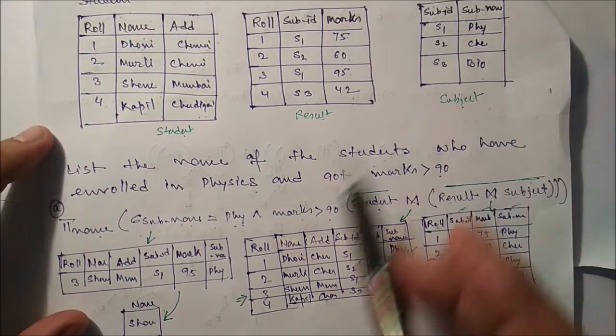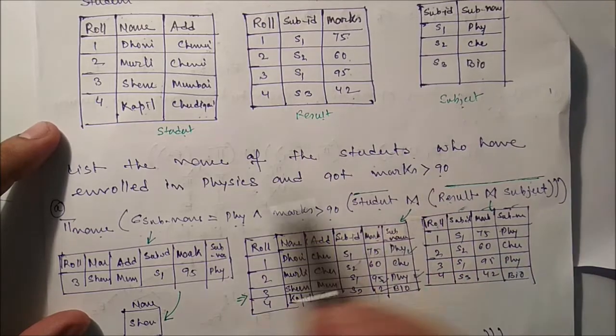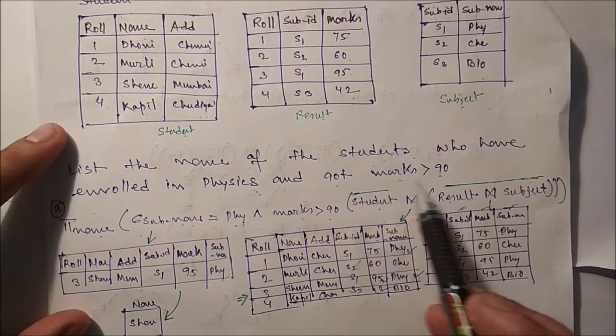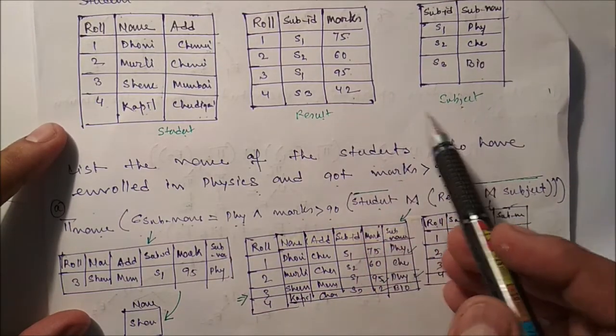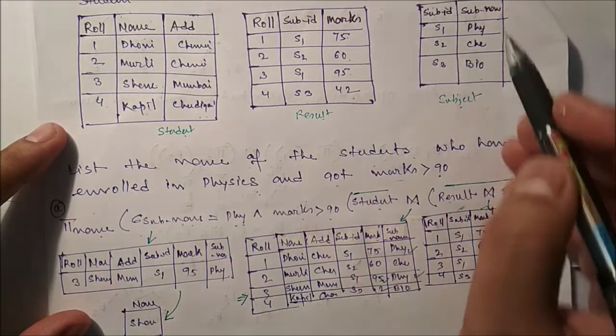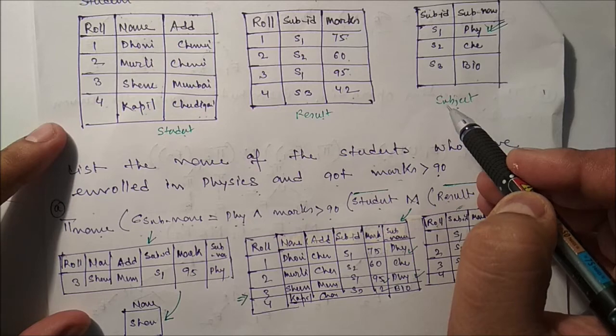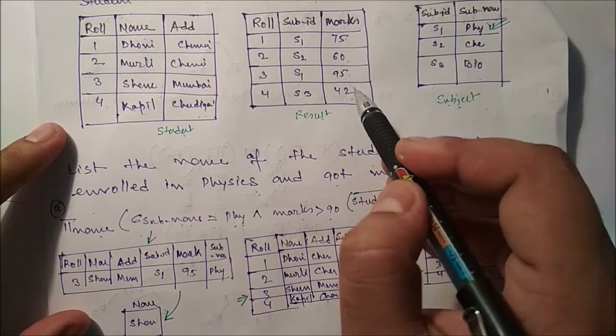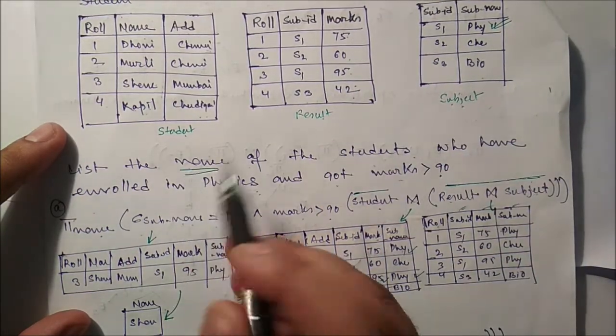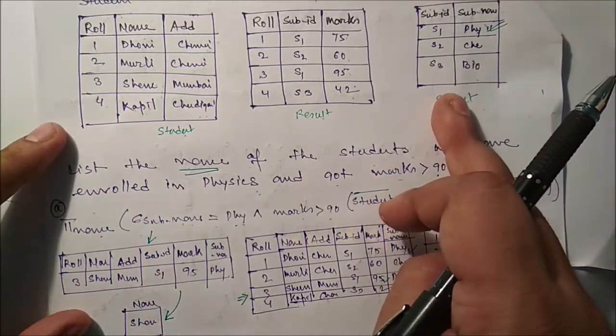Now the query is: list the name of the student who has enrolled in physics and got marks above 90. Physics information is present in the subject table and marks information is present in the result table, but we need the name. So definitely we have to merge these three tables.